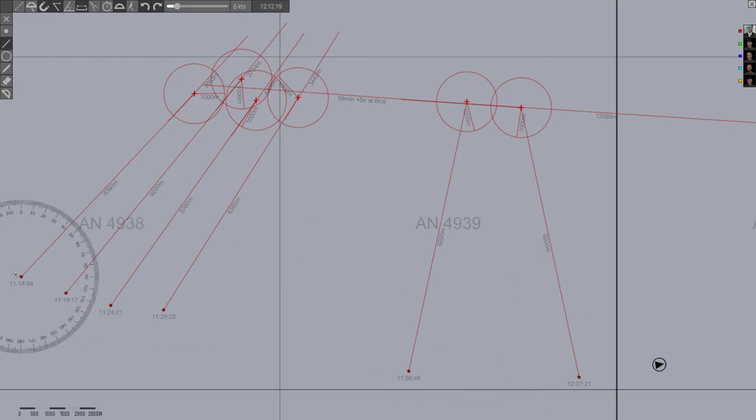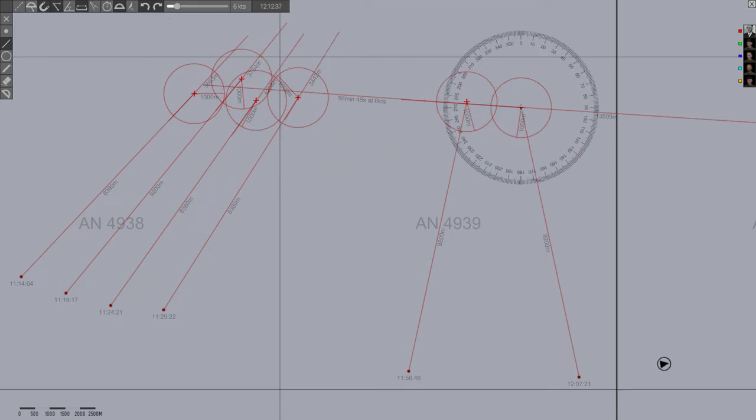1207 minus 1114, that is a time span of 53 minutes, plus some change. The 56 here is at 6 knots from the first bearing line to the last bearing line on a course of 095.